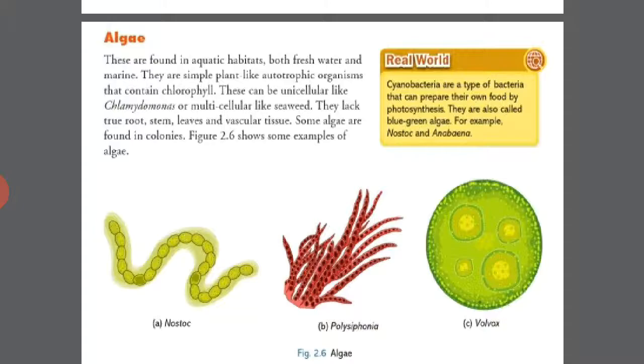They can be unicellular like Chlamydomonas, or multicellular like seaweeds. They lack true root, stem, leaves, and vascular tissues. Some algae are found in colonies. The figure is shown over there: Nostoc, Polysiphonia, Volvox.